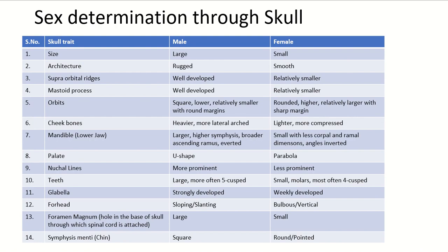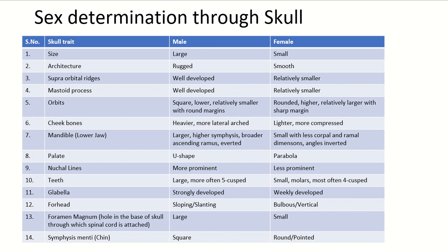Now the orbits, where the eyeballs fit in. These are square, lower, relatively smaller with round margins in males. In females they are rounded, higher, relatively large with sharp margins. The cheekbones are heavier, more laterally arched in males and lighter, more compressed in females.